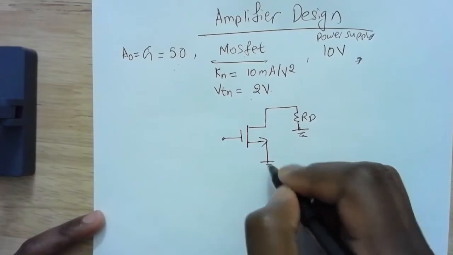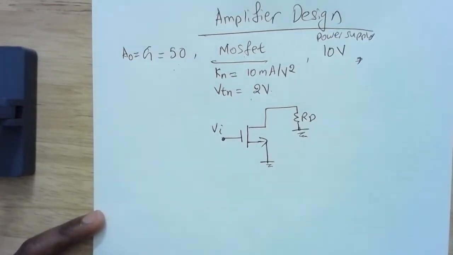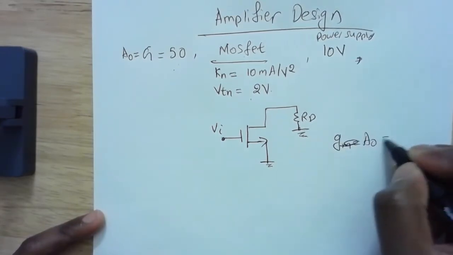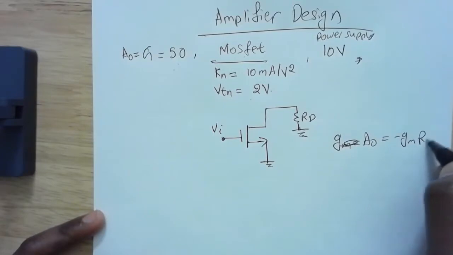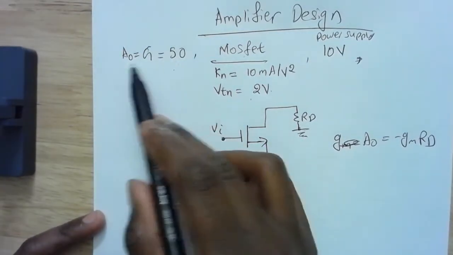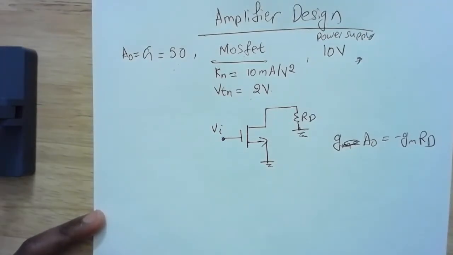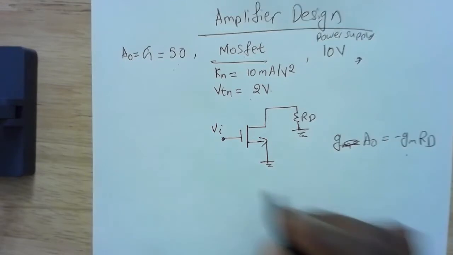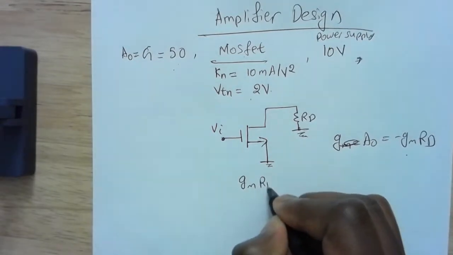The source is grounded, and I'm applying the input here. My gain AO is equal to negative gm RD. We'll just assume that this 50 is just the magnitude, so minus 50 is also fine. That means we want gm RD to be equal to 50.